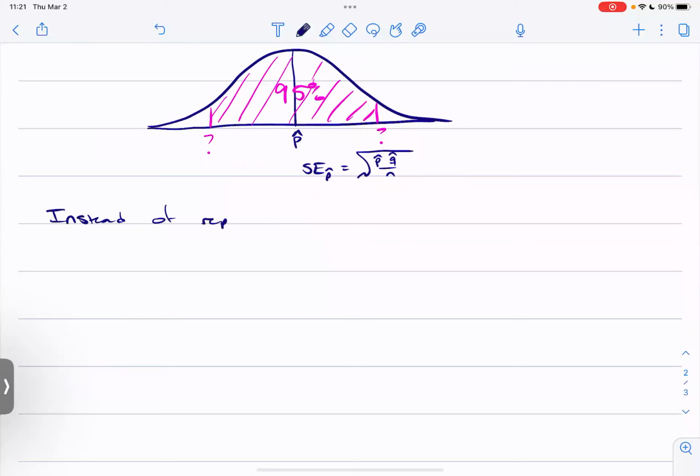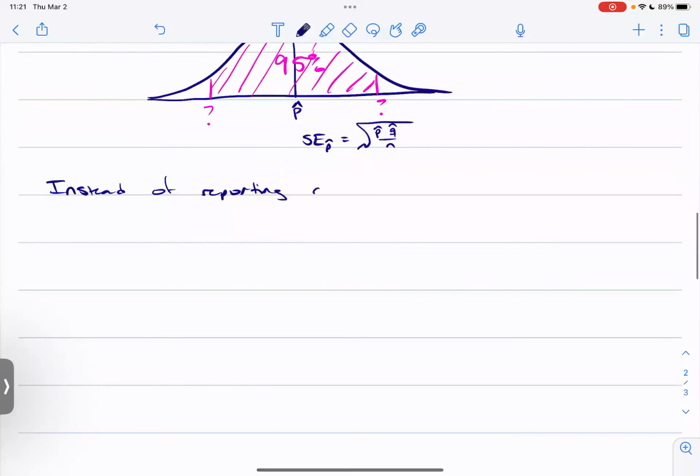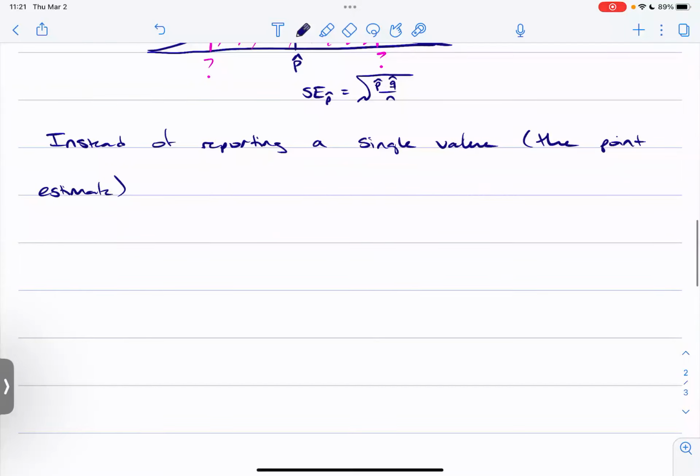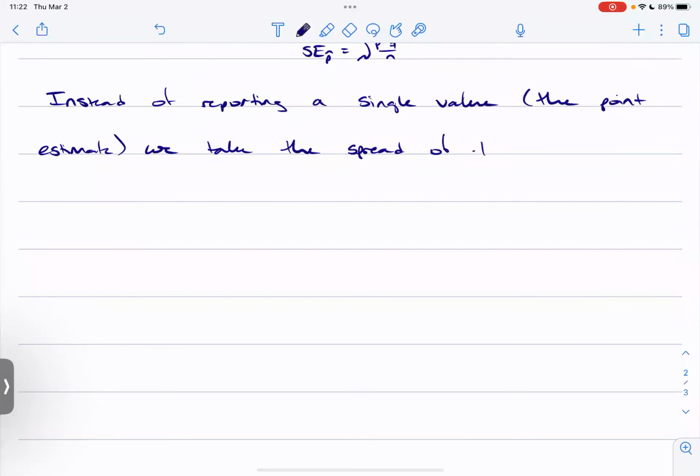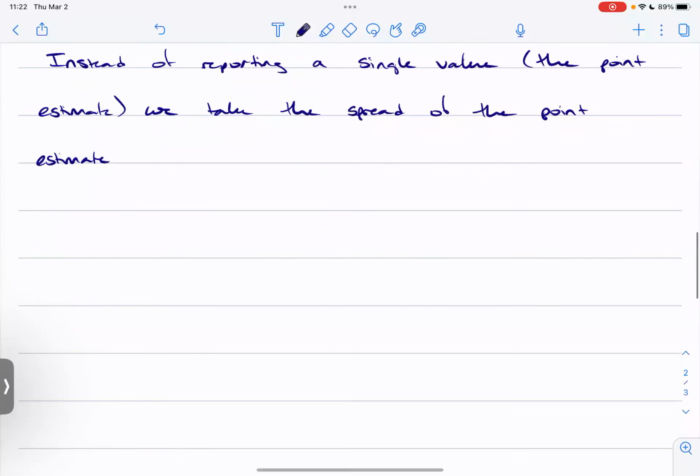Instead of reporting a single value, the point estimate, we take the spread of the point estimate, which is the standard error, maybe I shouldn't specify p hat, because all these concepts are also going to transfer to different point estimates.